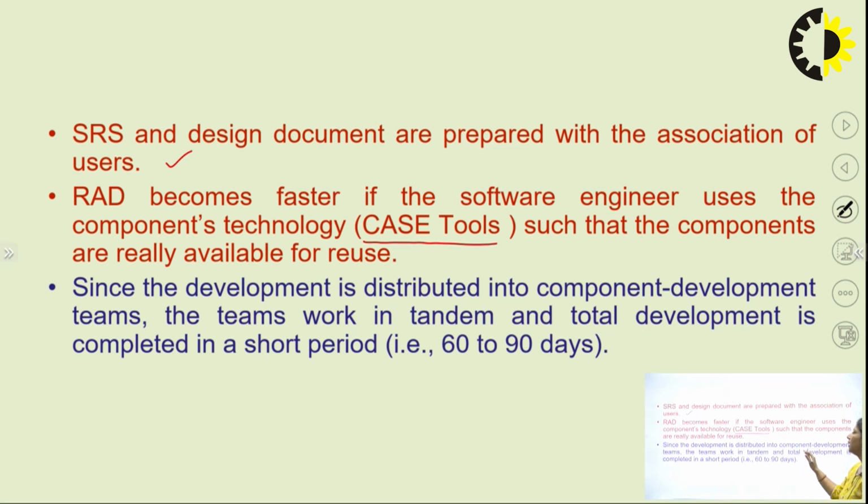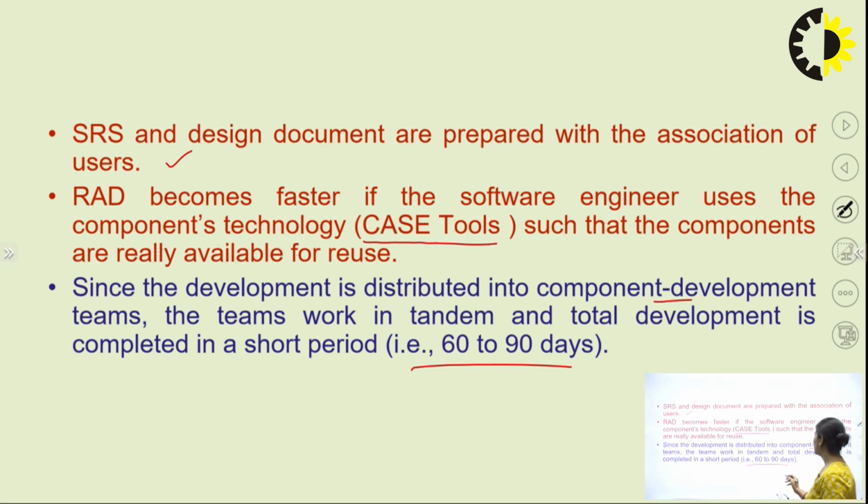Since the development is distributed into component development, the team's work is standard and the total development is completed in a shortened time period. So this is rapid development. Our work is divided among various teams, and the modules are given to different teams.